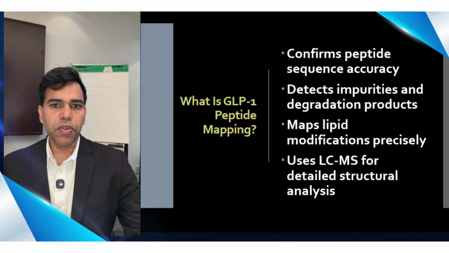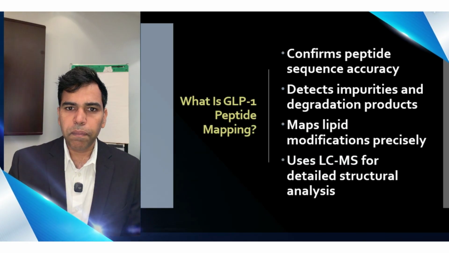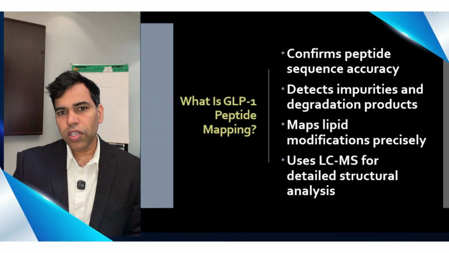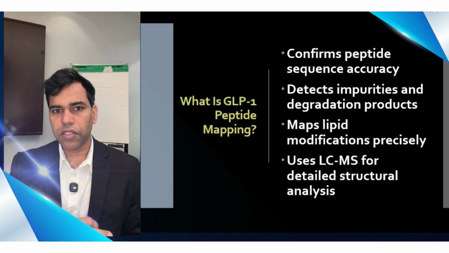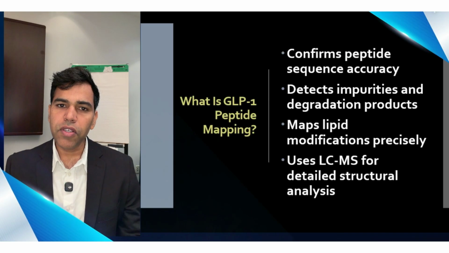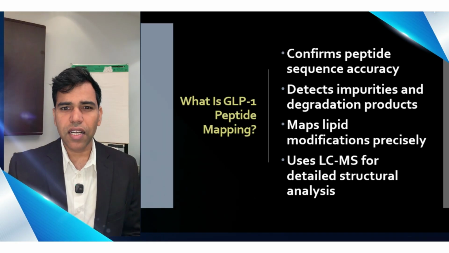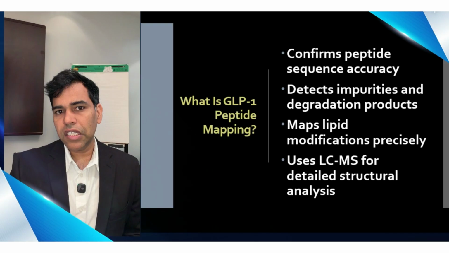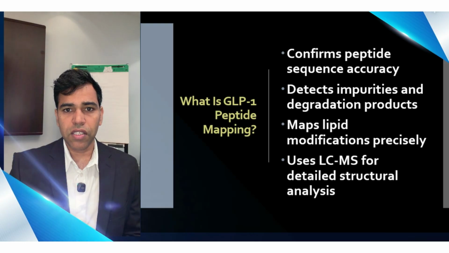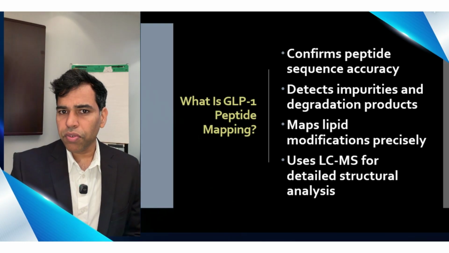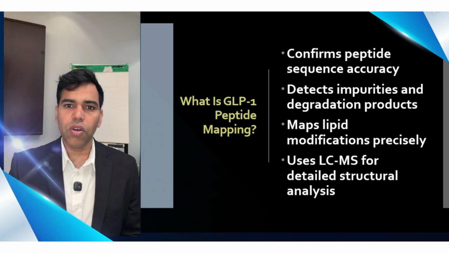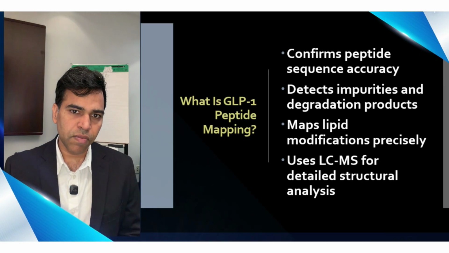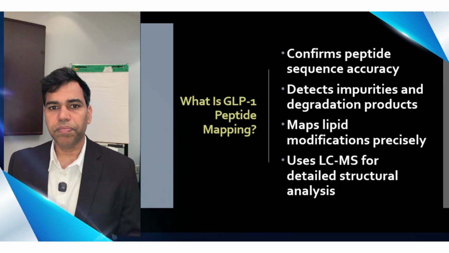What is GLP-1 peptide mapping? Peptide mapping at its core is a structural audit. It confirms that the amino acid sequence is exactly what it is supposed to be, that the lipid modifications are at the right locations, and that the degradation products, the ones that might not appear anywhere else, are fully accounted for.